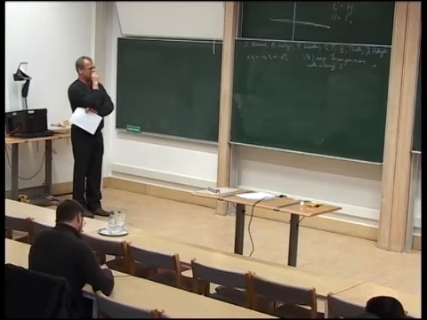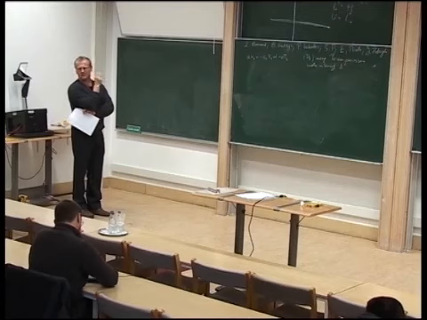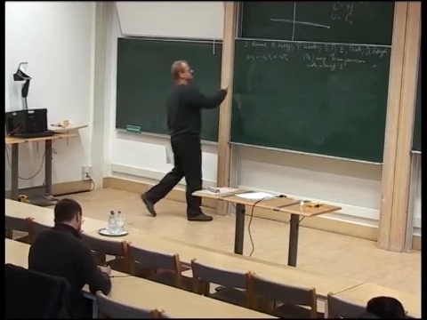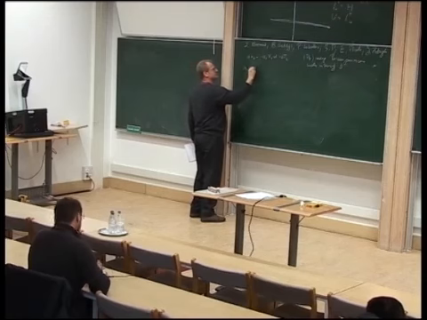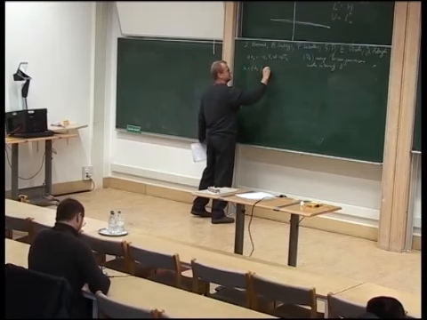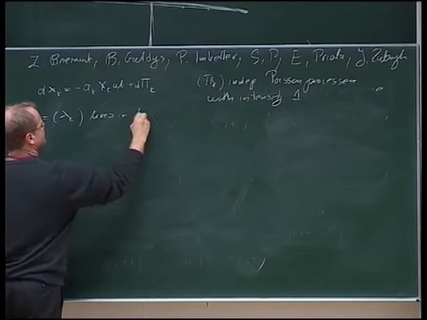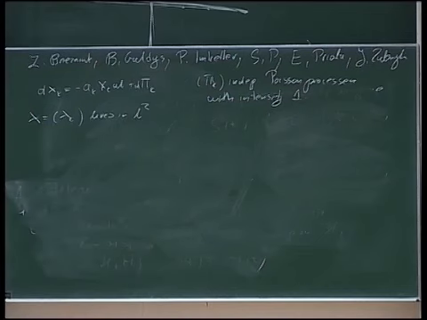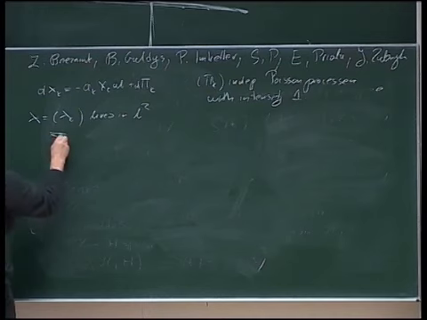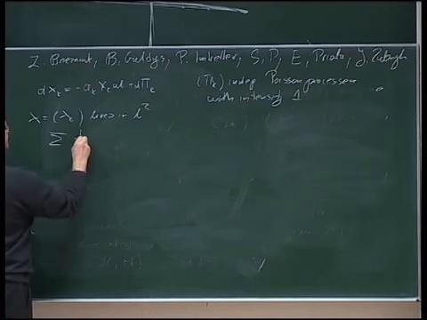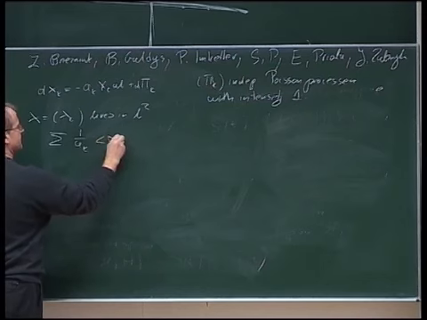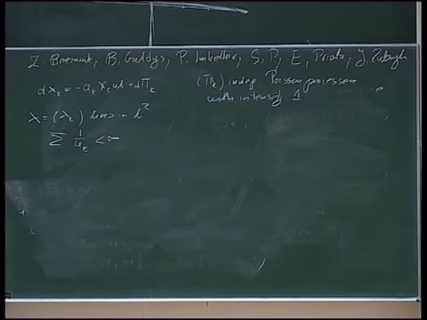Again, the condition under which X lives in L2 is something like the sum of 1 over ak is bounded. It's not very difficult to find that this is a condition.